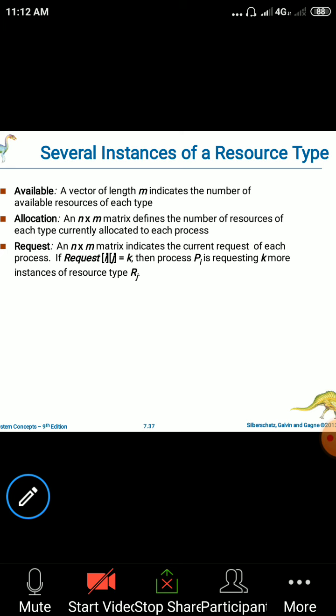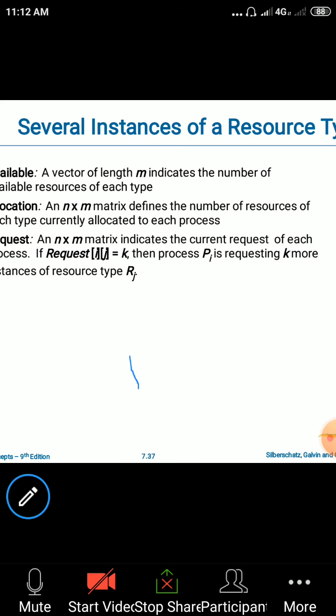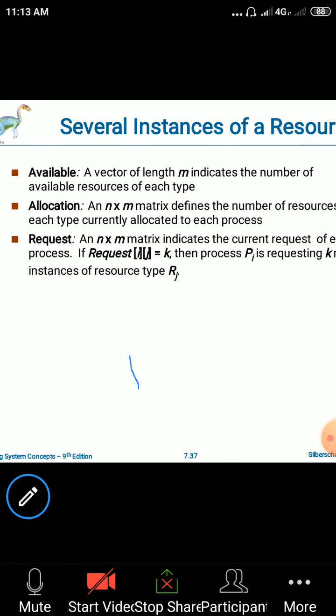In the Banker's algorithm, we defined several data structures, right? Similarly here also we are defining three data structures: one is available, second is allocation, and third is request. These three data structures are used in the Banker's algorithm too, right?